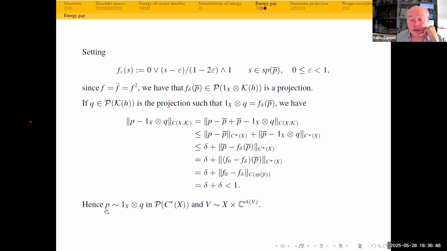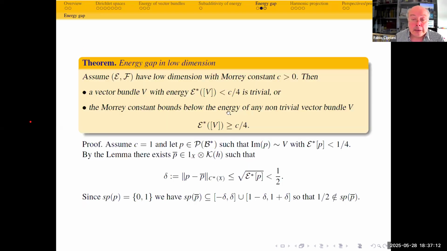And at the end, we verified that the original projection P is homotopically equivalent to a constant projection, which represents a trivial vector bundle of the suitable dimension. And so this proves also that the Murray constant bounds below the energy of a non-trivial vector bundle.